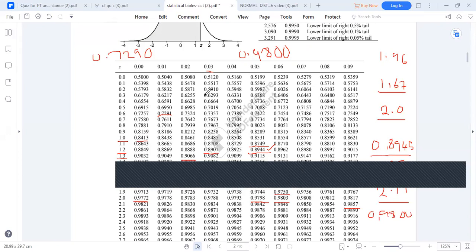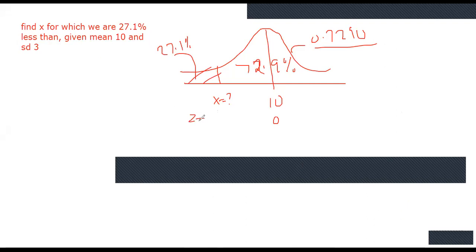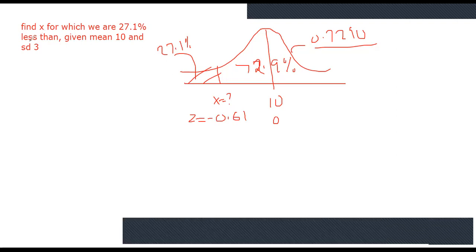What is the reading for this 0.7291? 0.61, correct. So Z here is negative 0.61. Why are we using a negative? Because it's on the left side. So using the standardization formula, our Z is negative 0.61.